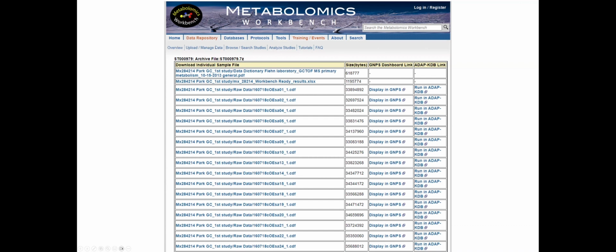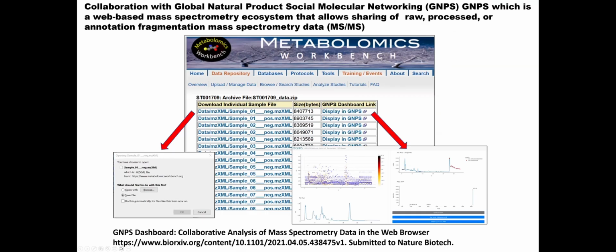In this collaboration, we can display data in GNPS from the Metabolomics Workbench. We can display the mass spec, we can display the sample, and we can look at the dashboard and connect to all the mass spec data in the world. So this is a really unique resource for the community.